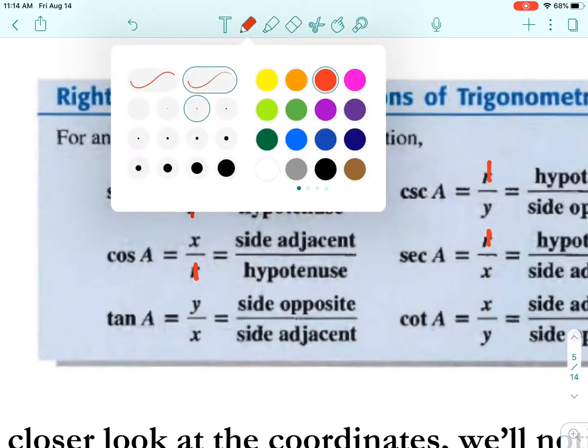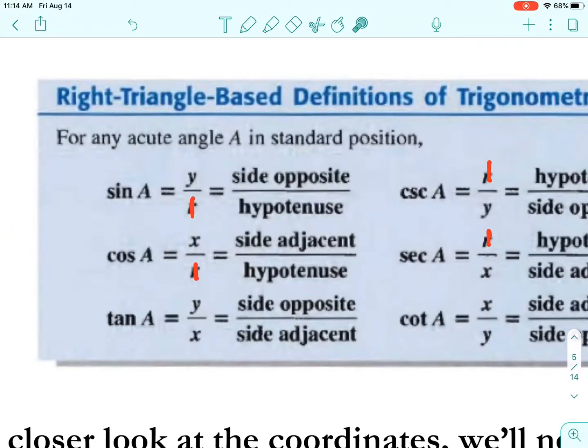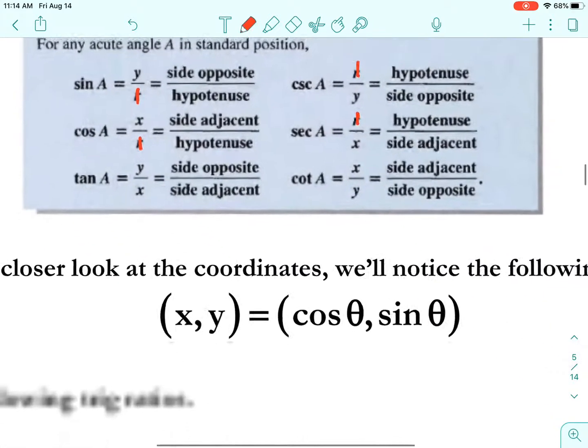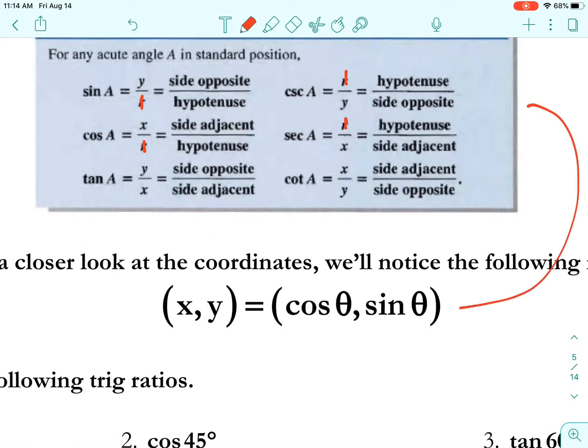So that kind of means that for the unit circle questions, if I ask you anything about sine, I am really referring to just the y value. And if I ask you anything about cosine, I am asking you about the x value. So that is why, now that I'm asking you questions about sine and cosine, that really means just the x value for cosine and the y value for sine.